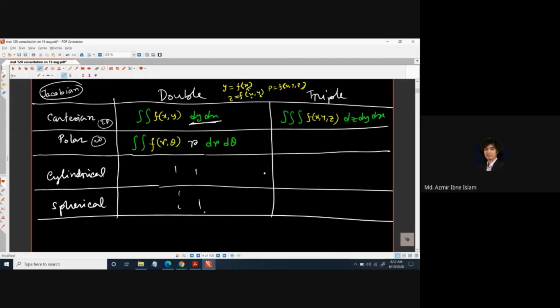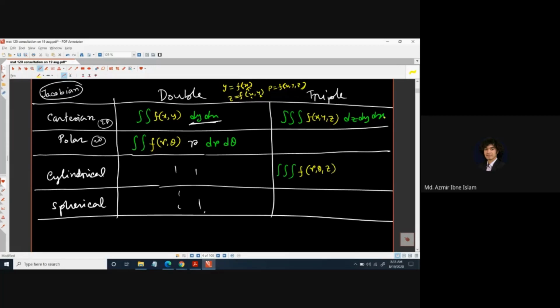Let's have a look at the triple integral. The triple integral in Cartesian coordinate system is written this way: triple integral dz dy dx, and the function is f of x comma y comma z. If we want to transfer this to cylindrical coordinates, the function will be f of r comma theta comma z.